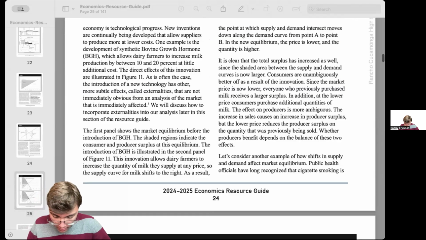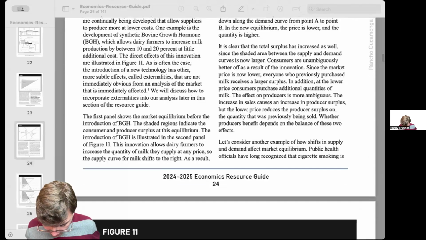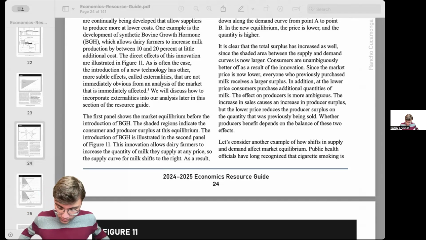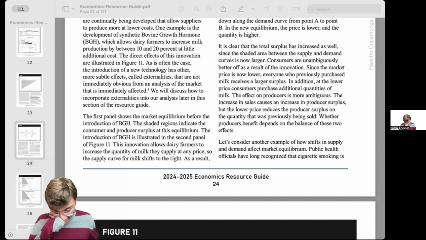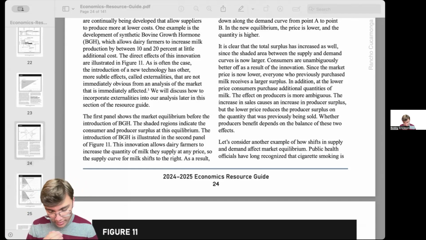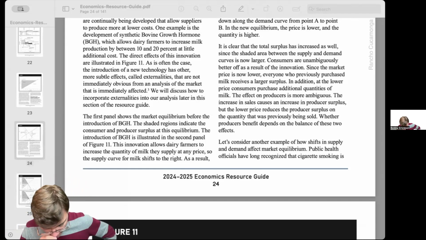We can see that at the lower price, consumers can purchase additional quantities of milk, while the effect on producers can be more ambiguous. By unambiguous, I meant it's very clear that the consumers are gaining more because of the innovation. The producer surplus is kind of hard to tell.